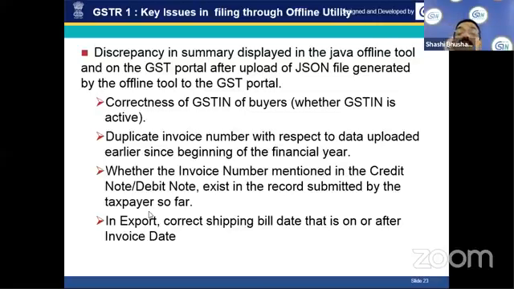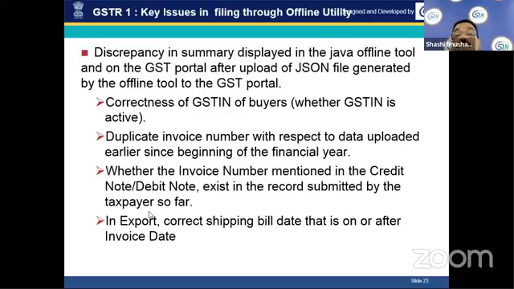Those are performed on the portal, and if there are any errors, the data gets rejected. So if an invoice has a wrong GSTN, or a GSTN which is not active or not registered, it gets rejected. So the number of invoices successfully uploaded is lesser than what you have uploaded through the offline tool.